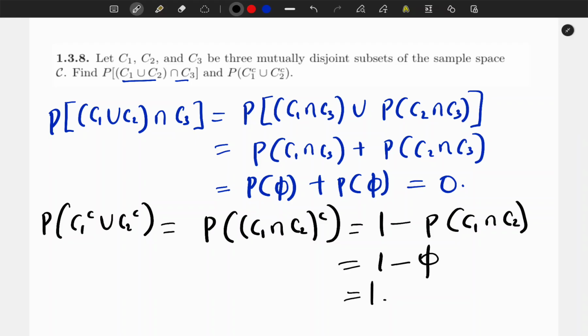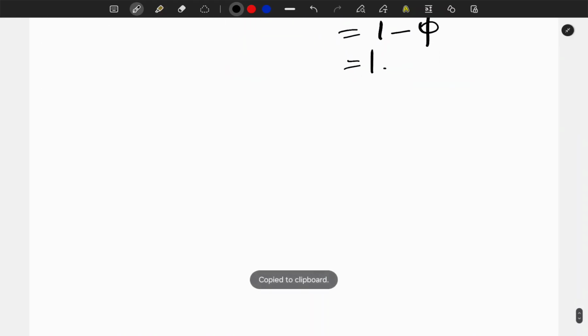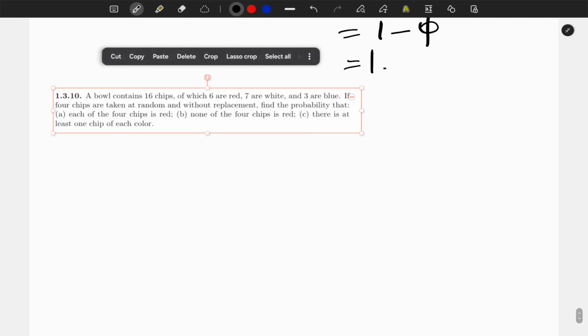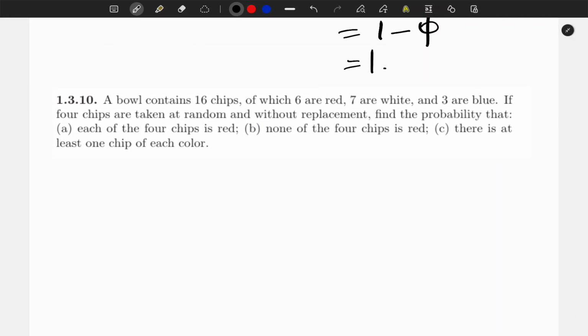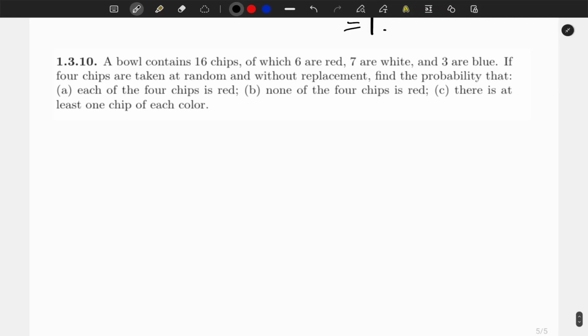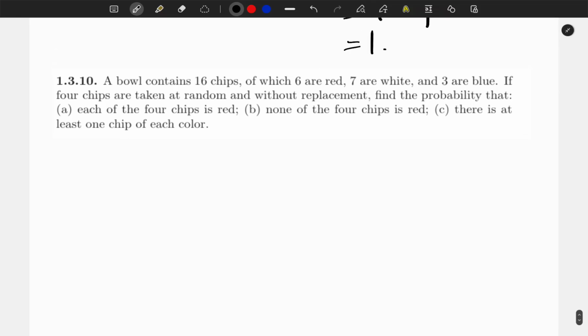Okay, so let's check question number 10. Again, we have a bowl containing 16 chips, of which 6 are red, 7 are white, and 3 are blue.